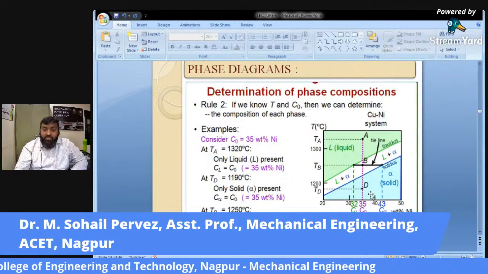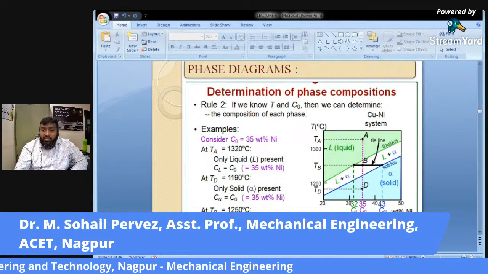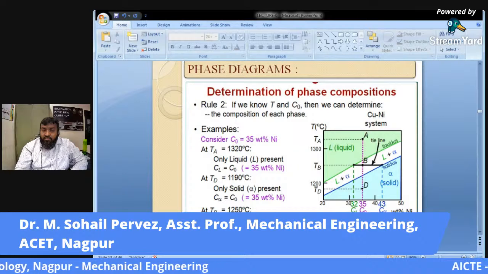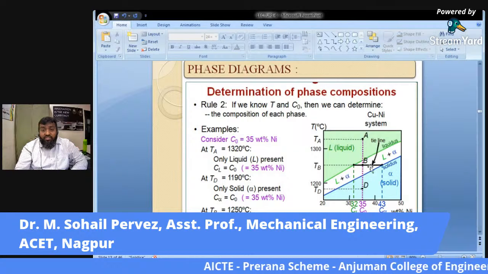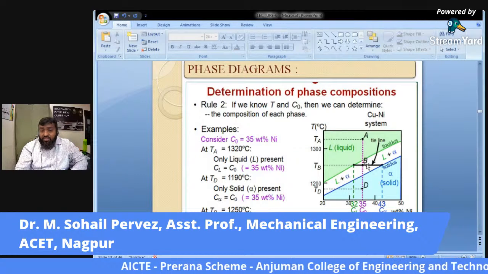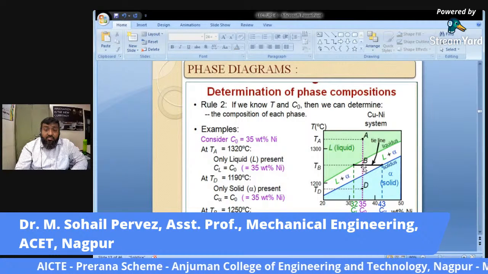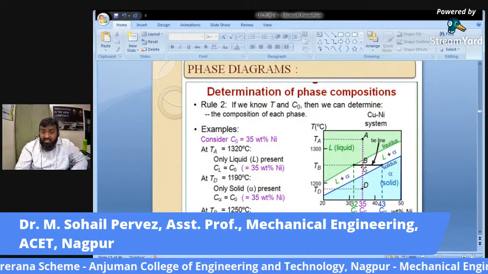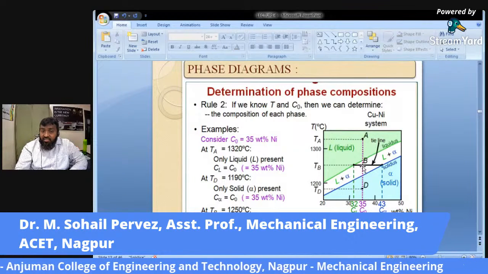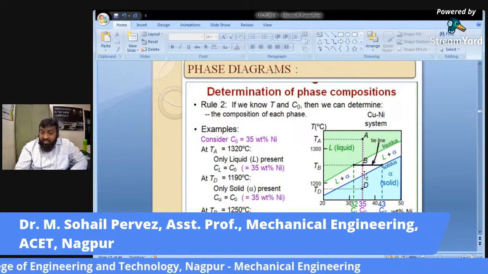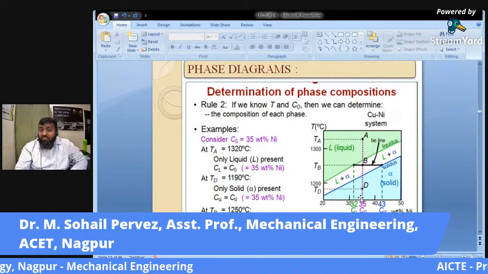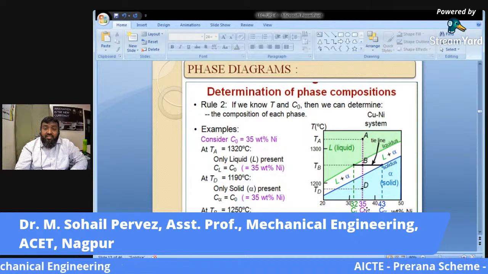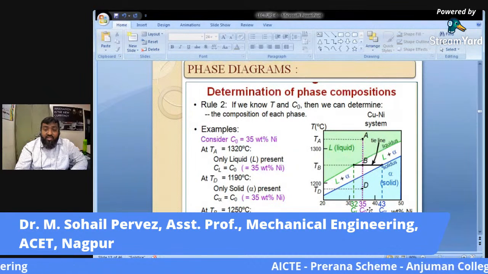Now at point B, this is the liquid plus solid phase. Again the same thing. But in this case, CO will be equal to C alpha again.